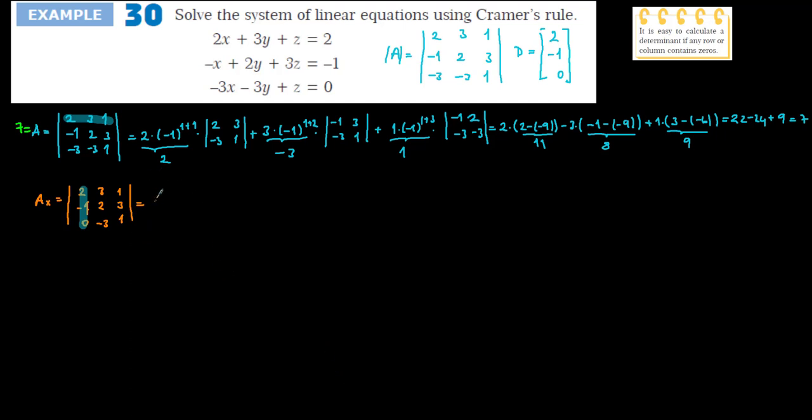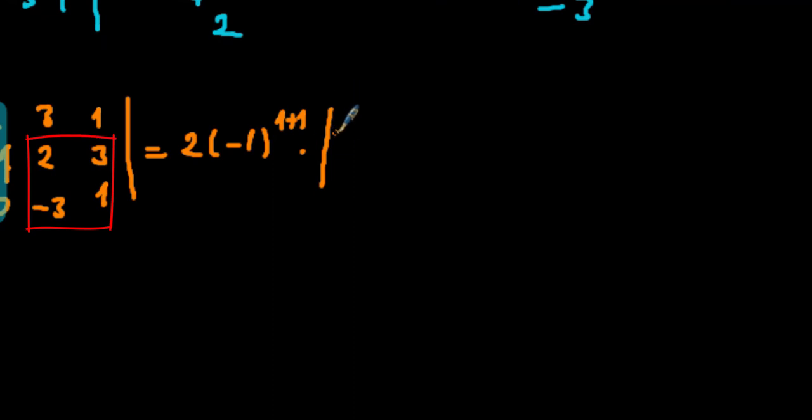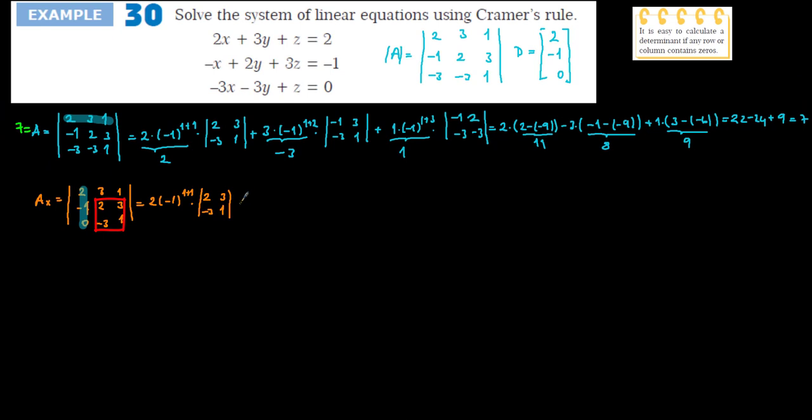So I'm going to write: 2 times minus 1 to the power of 1 plus 1 times the minor, the entries are 2, 3, minus 3, 1, and here plus 3 times minus 1 to the power of 2 plus 1, because it is second row, first column, times the minor, and the entries, when you close, are 3, 1, minus 3 and 1.